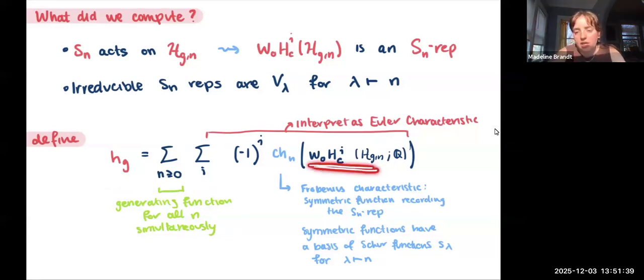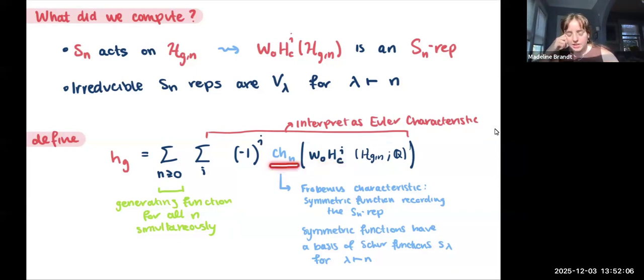The cohomology is at the end of the day just a vector space, and there's an Sn action on that vector space, which permutes the marked points on your curve, and that Sn action is compatible with the cohomology and taking the weight zero part. And so you can think of this thing as an Sn representation.